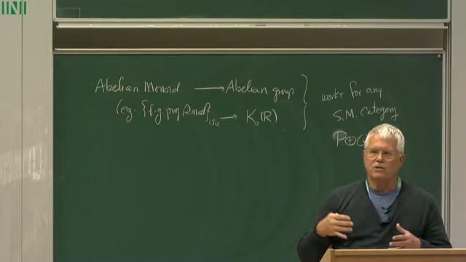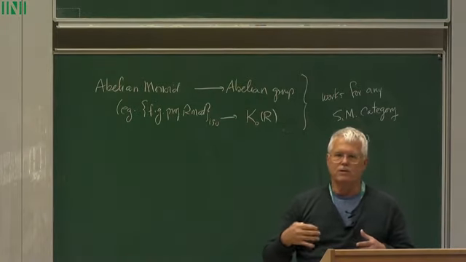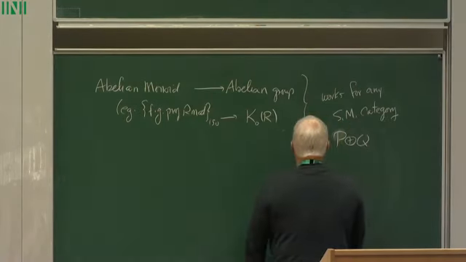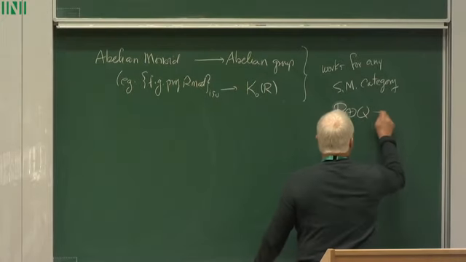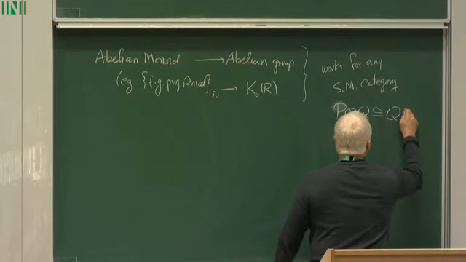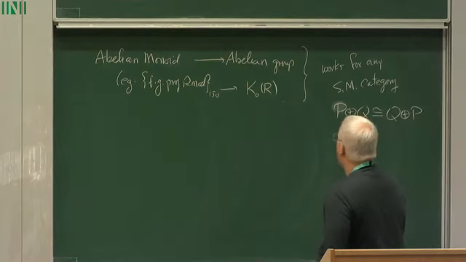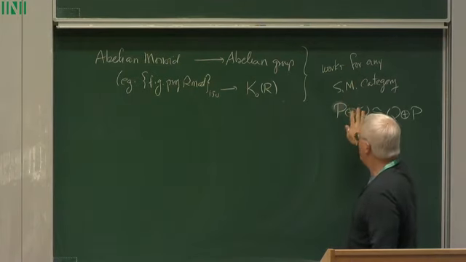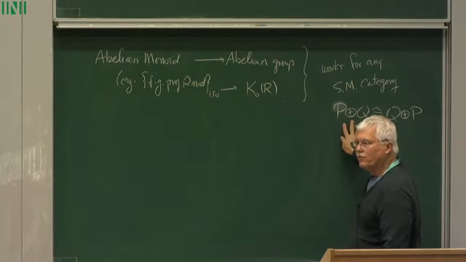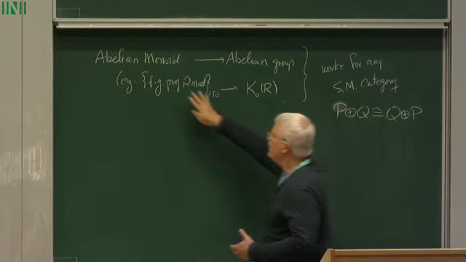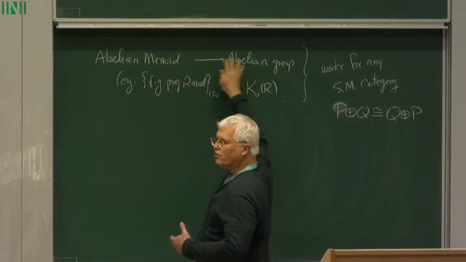The direct sum is associative up to coherent isomorphism, and so on. One of the axioms is that there's a canonical isomorphism like this. So if you take any symmetric monoidal category, you take the isomorphism classes of objects, they form an abelian monoid, and you can take the group completion, and that would be K0.